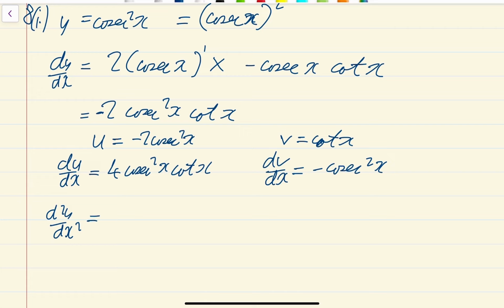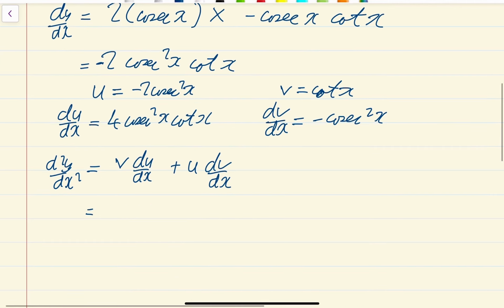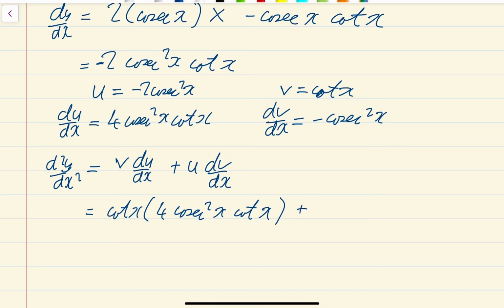Right, our product rule then: d2y by dx squared is going to be equal to v du by dx plus u dv by dx. So it is going to be cot x, which was my v, times my du by dx that we've just worked out, 4 cosec squared x cot of x, and then my u was minus 2 cosec squared x, times my dv, which is minus cosec squared of x.